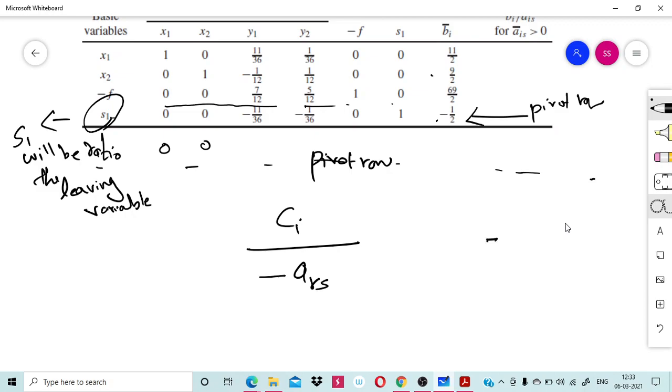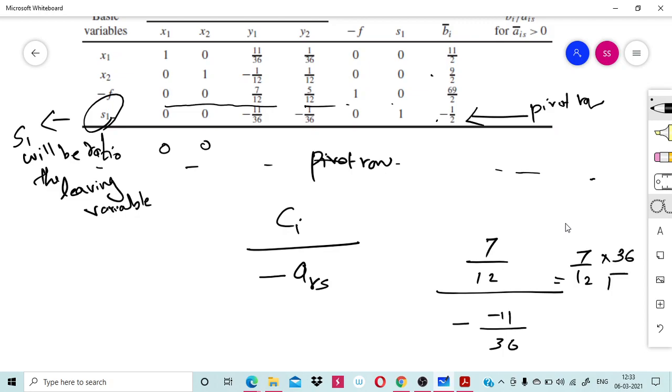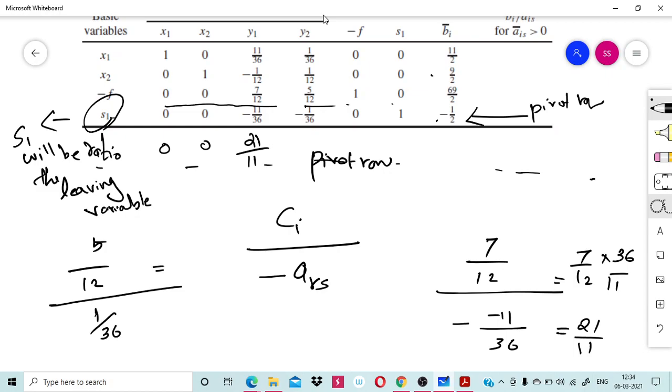So you will get 7 by 12 divided by minus of minus 11 by 36. That will be equal to 7 by 12 into 36 by 11, that you will get 21 by 11. So here you will get 21 by 11, and for the y2 column we have 5 by 12 divided by minus of minus 1 by 36, that is plus 1 by 36, so that will be equal to 15.